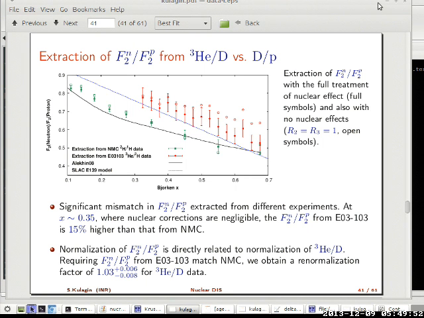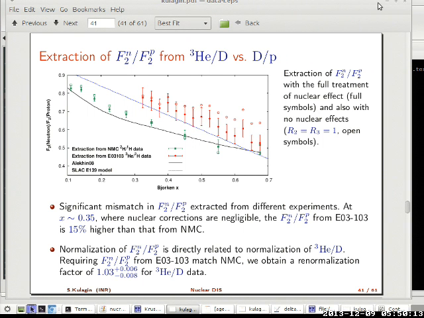If you assume no nuclear effects, which is very easy actually, this extraction is shown by open symbols, open circles for helium-3 and open squares for deuterium.